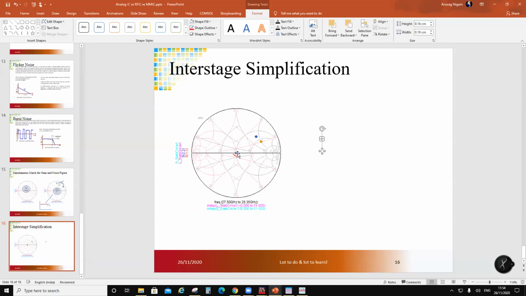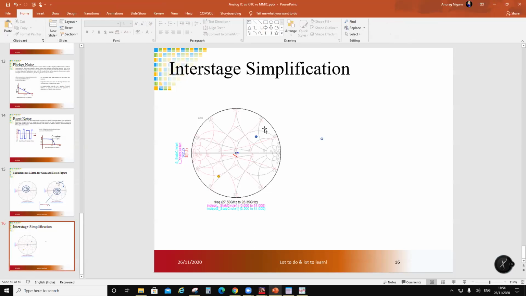While the other problem is, we went this way and that way, so we are having a lot of loss on the interstage. So the idea is to minimize that. Now here you can do minimization, but if this was over here or somewhere here like that, you would pass through 50 ohm, so there was no question of simplification.